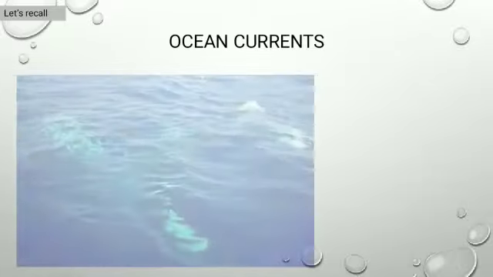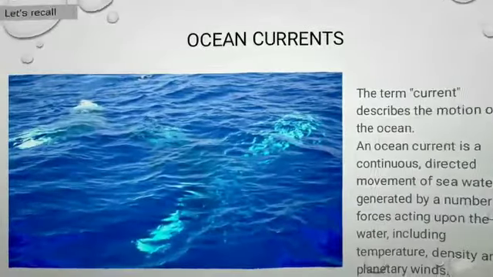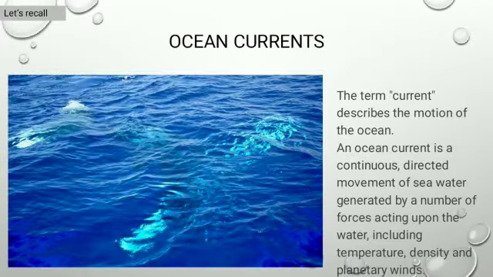In a similar way, water flow on the surface of the ocean on the earth is called ocean current. We have learned the meaning of ocean current. What do you mean by the term current? The term current indicates the motion of the ocean.